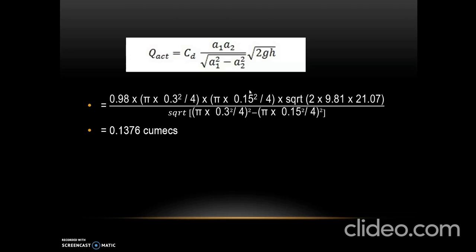D2 is 0.15. So rest of the term is square root of 2GH, that is 2 into 9.81 into H is 21.07 divided by square root of A1 square minus A2 square, with which we get Q actual as 0.1376 meter cube per second.